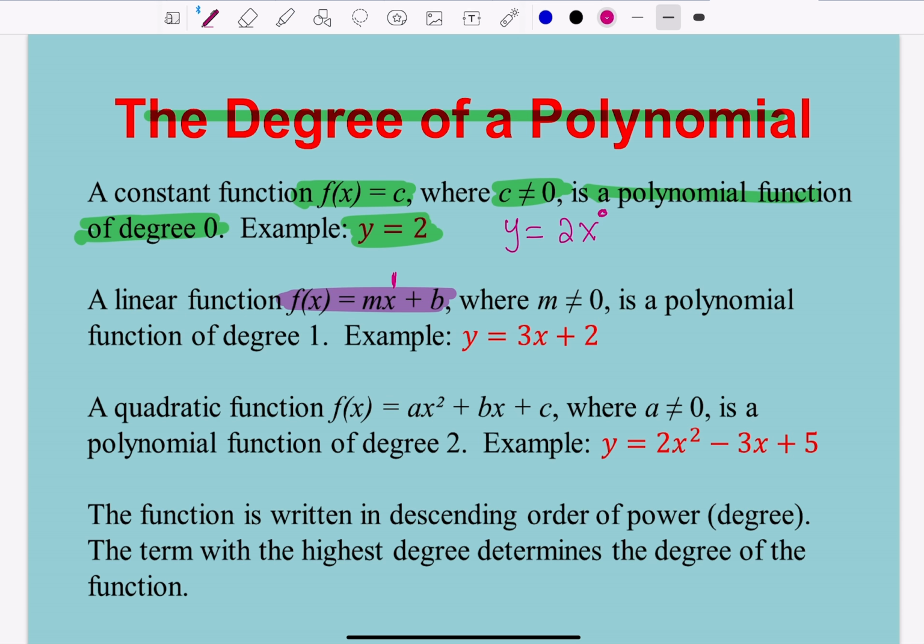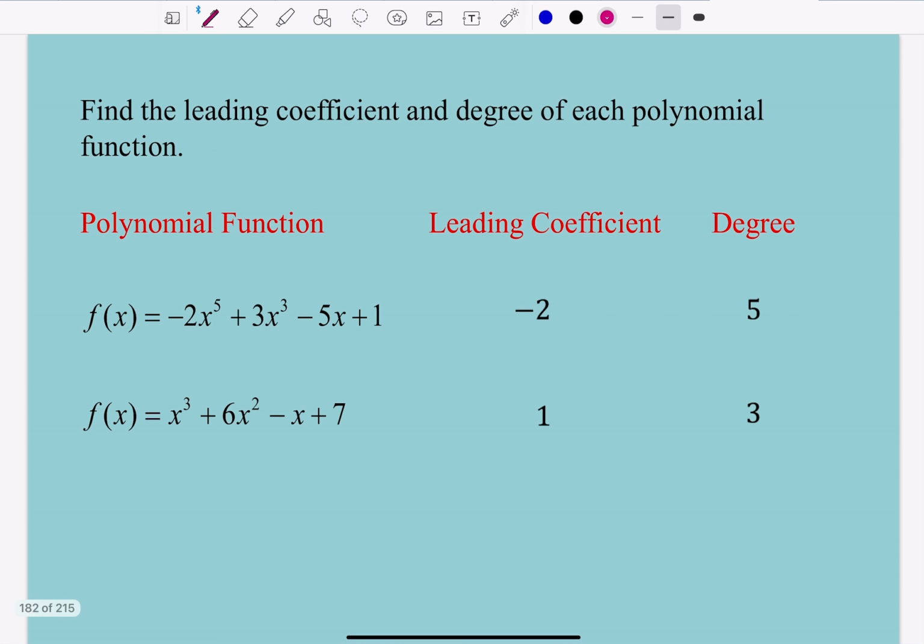A quadratic function, f of x equals ax squared plus bx plus c, has a degree 2. A function with the degree 3 or more is just called a polynomial. They don't have a special name like linear and quadratic functions do for degree 1 and 2.